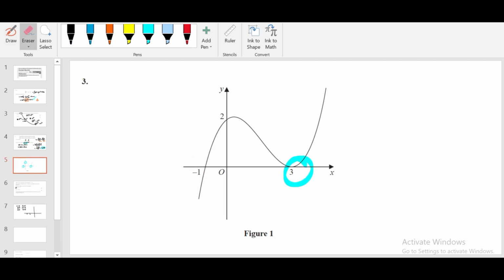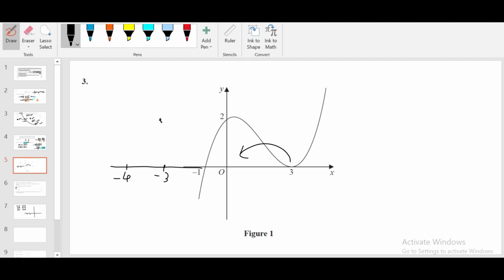Maybe I'll sketch the graph on top of this just to show you how the new graph will look. Minus 4 is here, minus 3 comma 2 is in here, and then the last point becomes 0, 0. So you're going to get this graph.